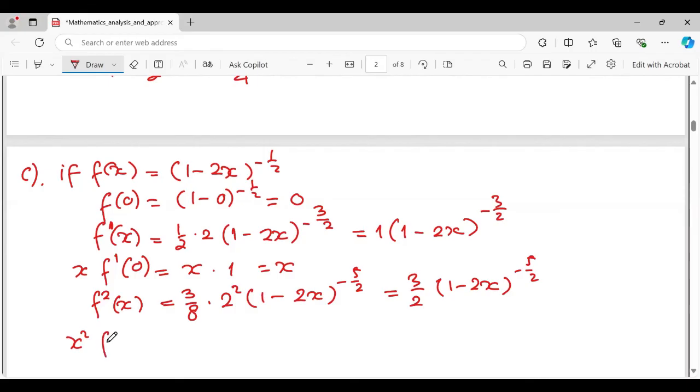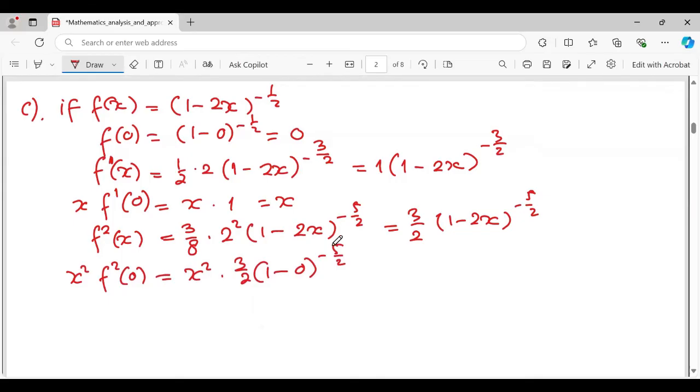According to the Maclaurin series rules, it becomes x squared times the second derivative at 0, so x squared times 3 half, (1 minus 0), is 3 half x squared.